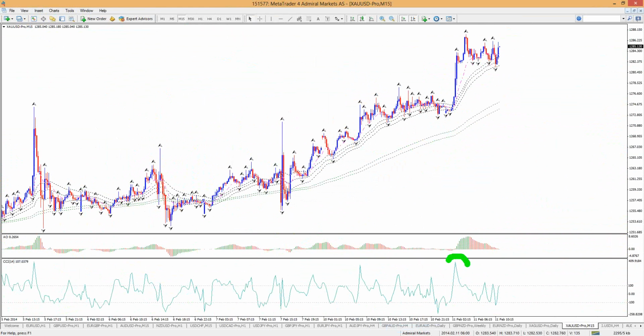We don't have divergence between the 50-minute tops, and this is looking like an impulse and a bull flag. So I don't think it's oversold as yet. I think actually this top will be broken probably one more time. If we then break the top, then we'll have divergence probably between the 50-minute tops.